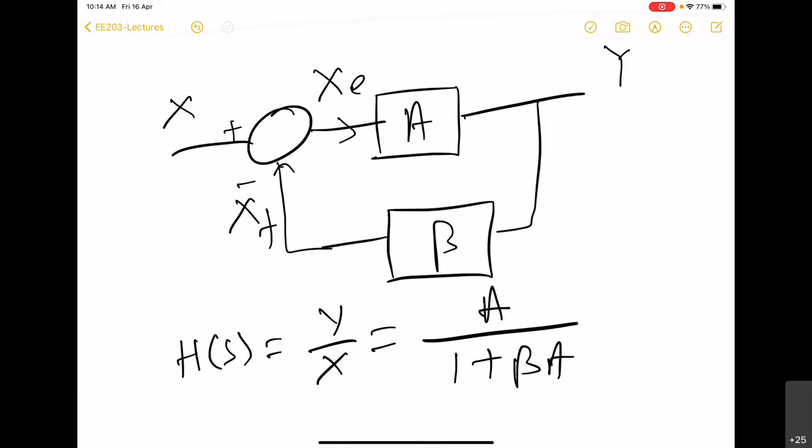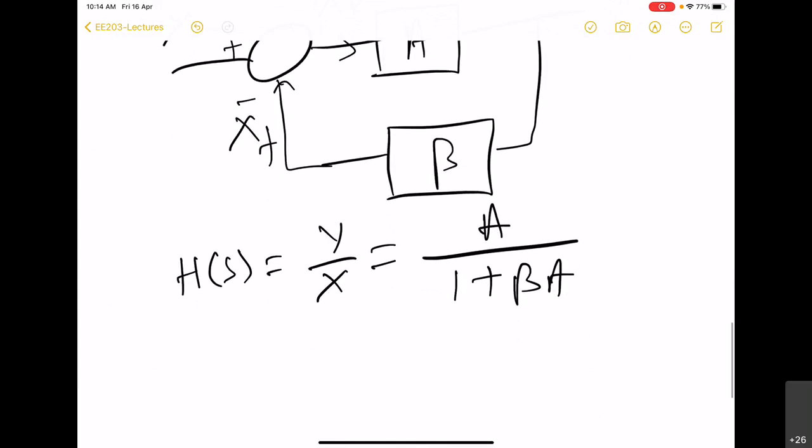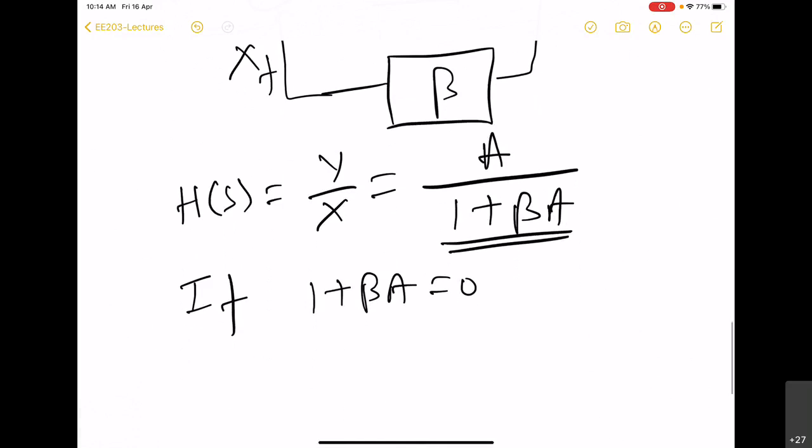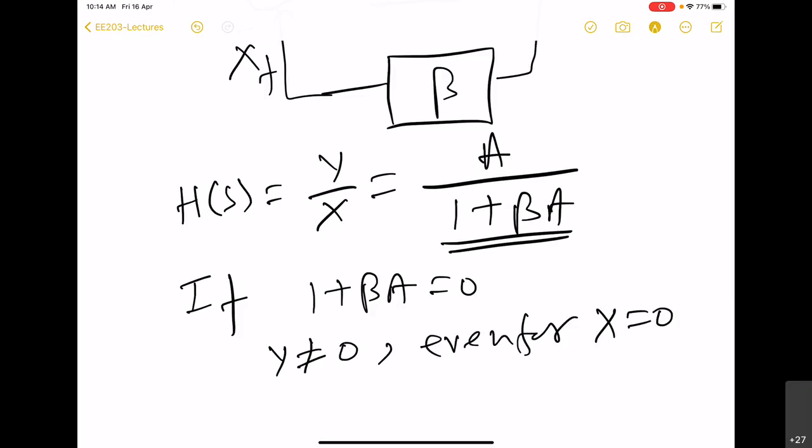We have already studied, and we found that if this denominator is 0, that means 1 plus beta A is equal to 0, then we will get output even for x equal to 0. So we say that our system is unstable.